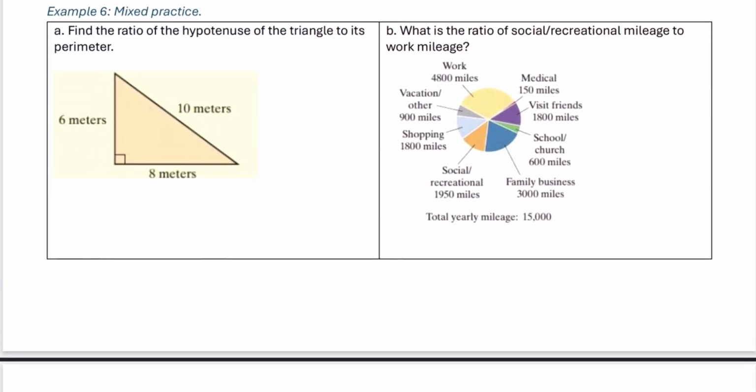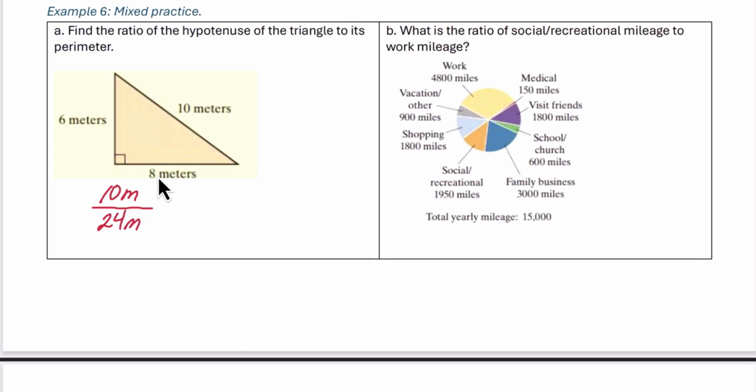In example 6, part A, we want to find the ratio of the hypotenuse of the triangle to its perimeter. So the hypotenuse, recall, is the longest side. That is 10 meters. The perimeter of the triangle is the total length of the sides. So we have 10 plus 6 is 16 plus 8 is 24.